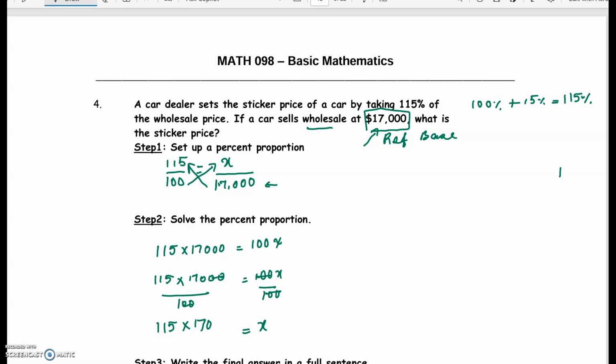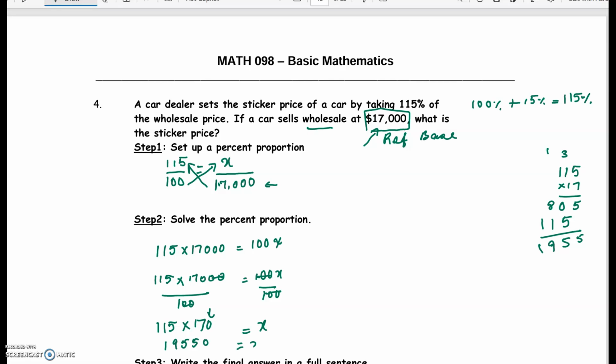So let's do 115 times 17, and we'll add a 0 at the end. 7 5s are 35, 8, 9, 10. 7 times 1 is 7 plus 1 is 8. 5 1s are 5, 1 1s are 1, 1 1s are 1. It's 1955, and of course there's a 0, so it's 19550.